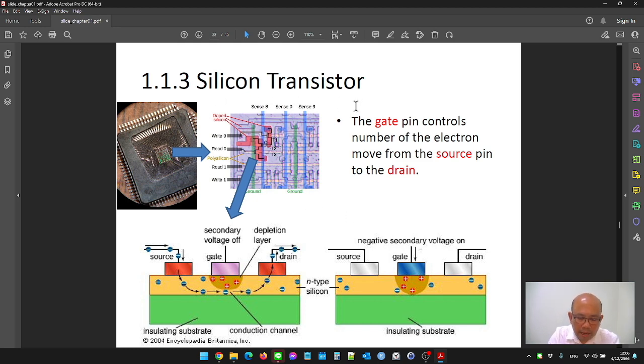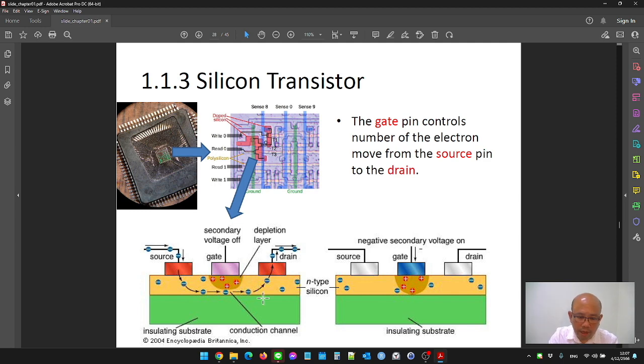The silicon FET has 3 pins: source, gate, and drain. In this title, transistor, if you search the internet, the transistor has base, collector, and emitter. You can control voltage or power using the transistor or FET.